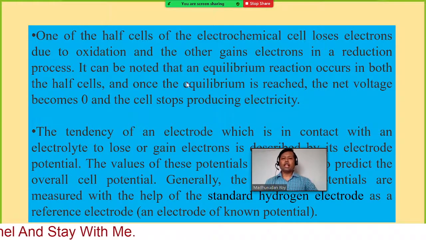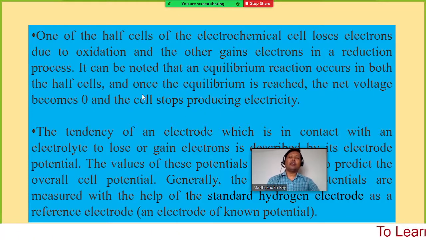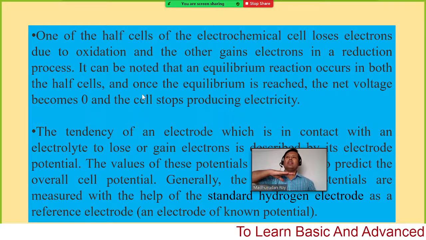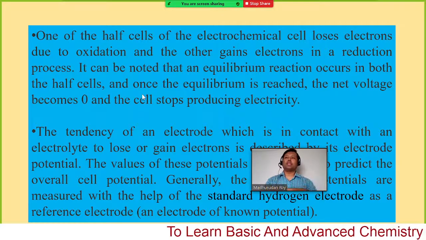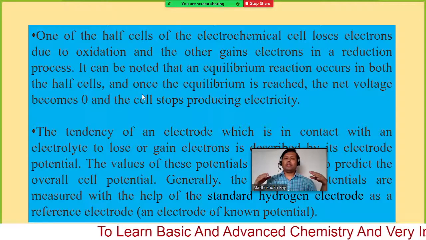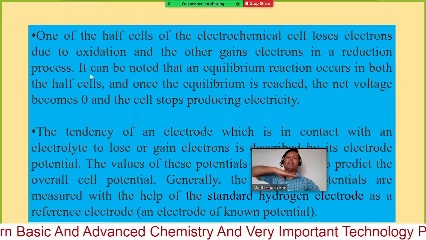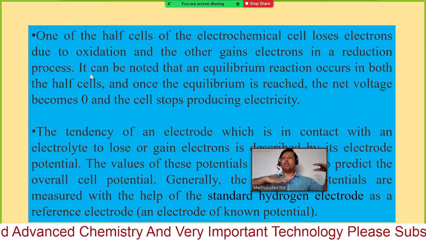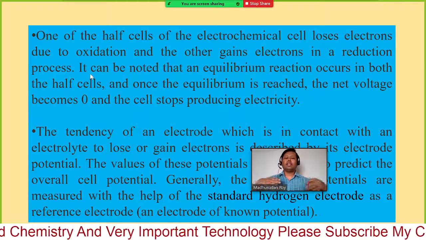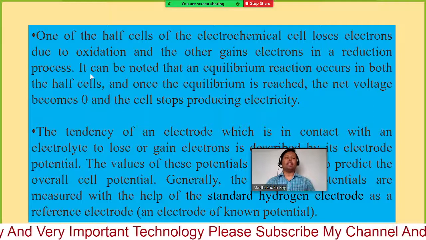It can be noted that an equilibrium reaction occurs in both the half cells. In two half cells, one will gain electrons and another will donate electrons, but the tendency of giving electrons and gaining electrons are not equal at the beginning.